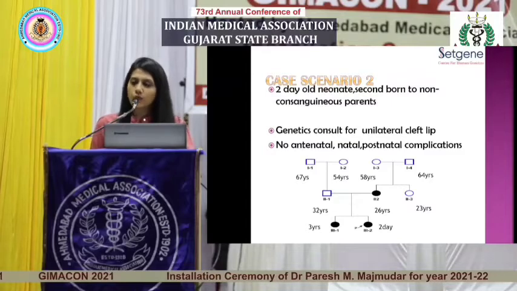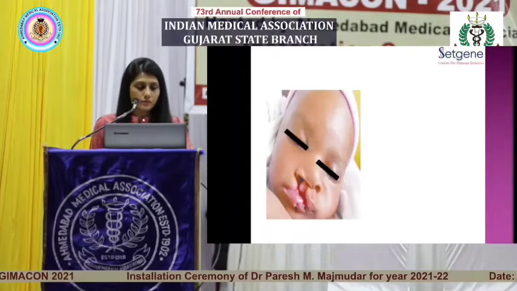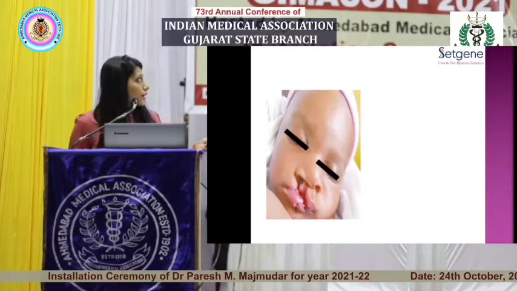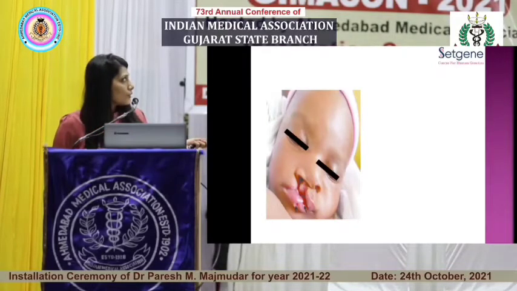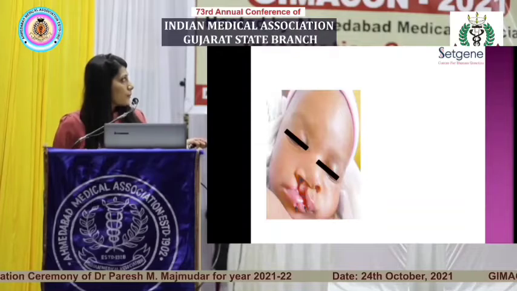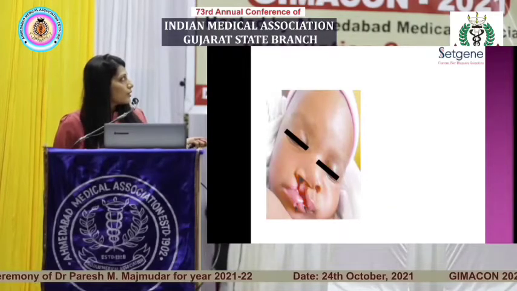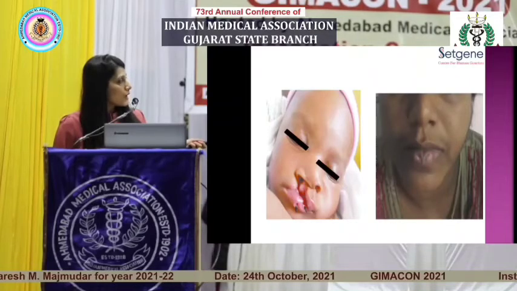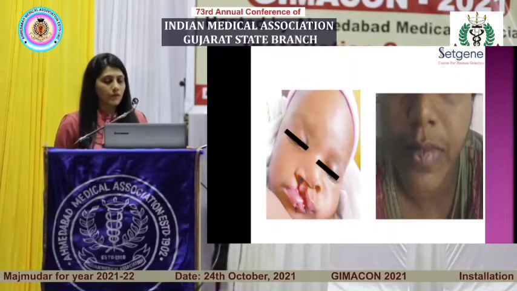Let's look at the photograph of the child. Along with the cleft lip, there are some pits in the lower lip. Now let's look at the photograph of the mother. The mother also has some pits in the lower lip.